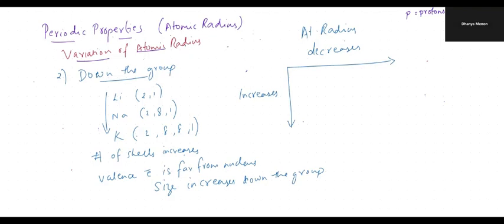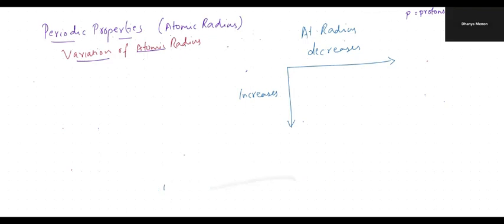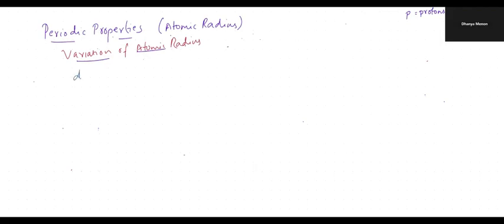Okay, so this was the trend. Now coming to another exception, in the case of D block elements.